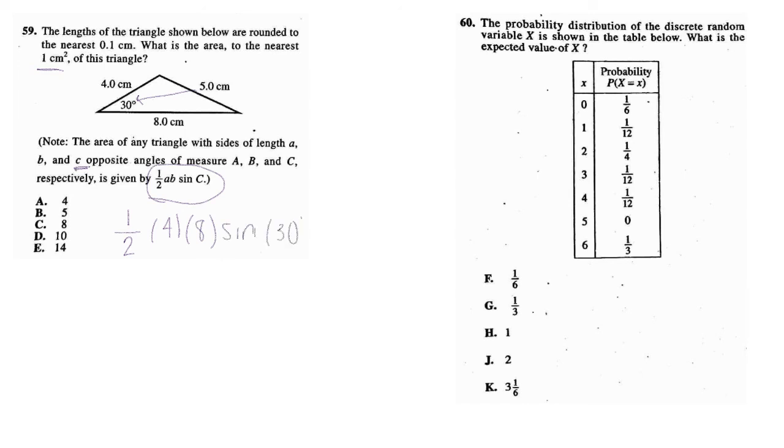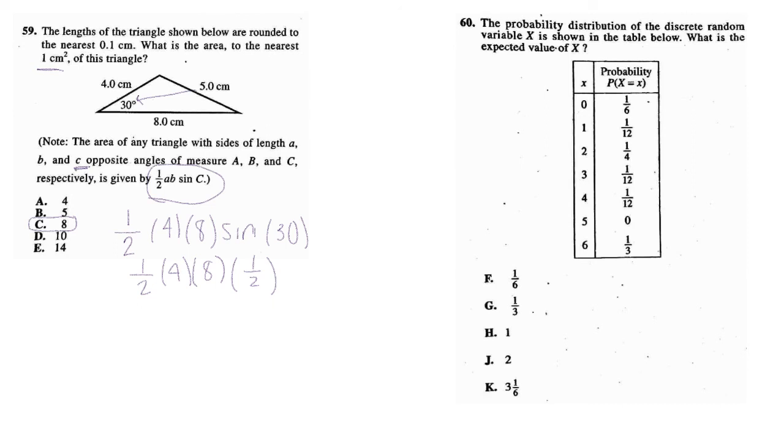And sine of 30 is 1/2. So I have 1/2 times 4 times 8 times 1/2. And so it looks like I'm going to get an area of 8. So here my answer is 8.